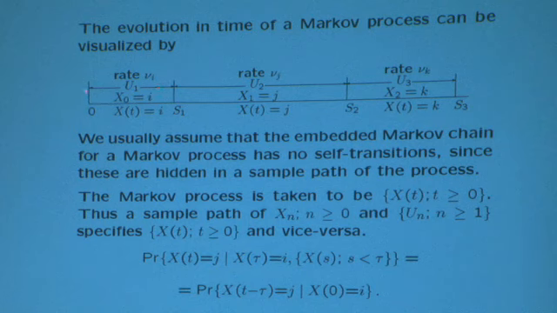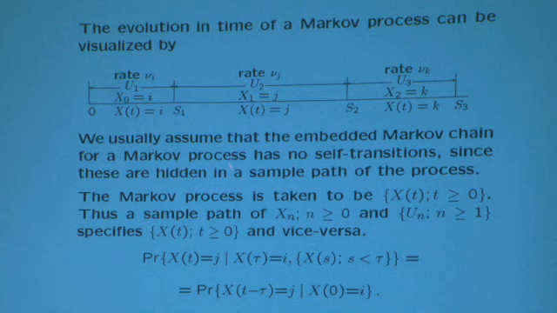It's an exponential random variable which tells you how long it takes until this transition. This transition occurs at time s1, where u1 is equal to s1. The next transition is at s2 equals u1 plus u2. The next transition is at s3, which is u1 plus u2 plus u3. Now you start to see why we've numbered these holding times the way we have, so we can talk about the times that each of these transitions take place.